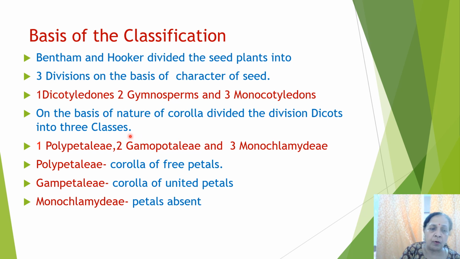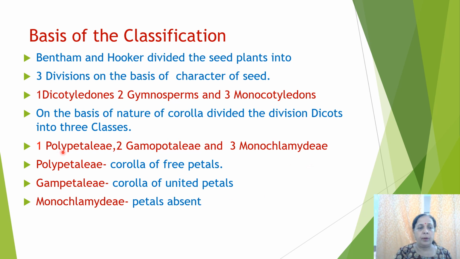Due to the absence of corolla, the flower is incomplete. So the incomplete flower bearing plant species are included under the monochlamydeae. Monochlamydeae is also known as incomplete.